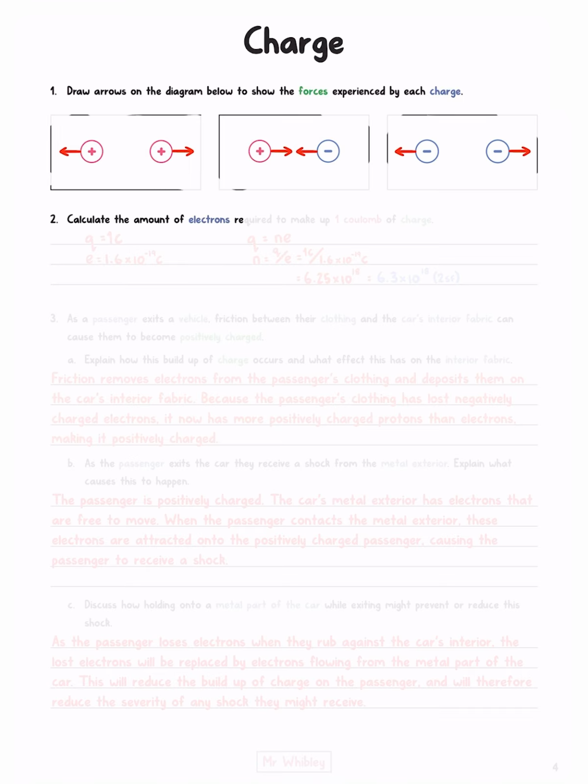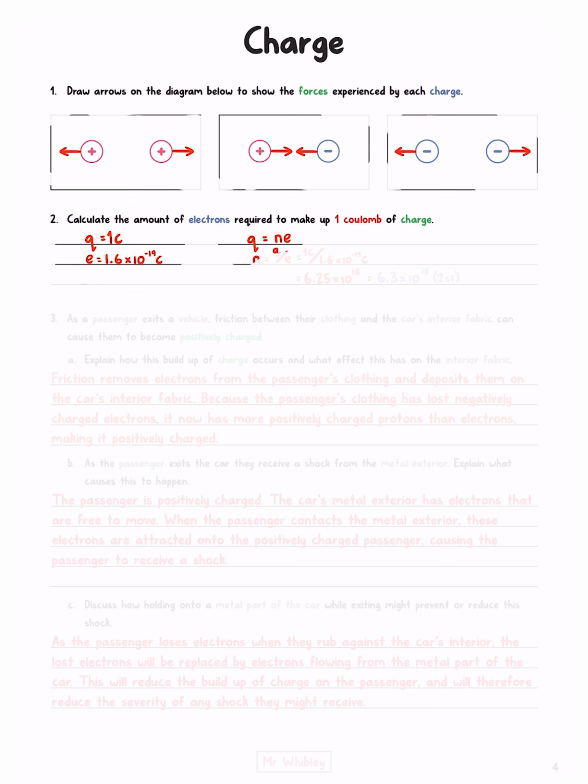Question 2. Calculate the amount of electrons required to make up 1 coulomb of charge. And so we know that our charge is 1 coulomb, and we know the charge of the electron is 1.6 times 10 to the minus 19 coulombs. Putting this all together, we know that our charge, which is our 1 coulomb, is equal to some number n multiplied by the charge of the electron.